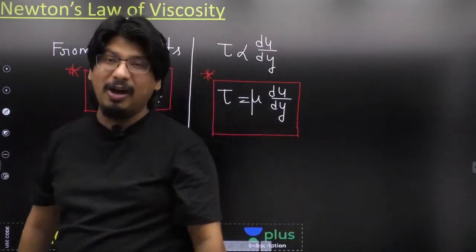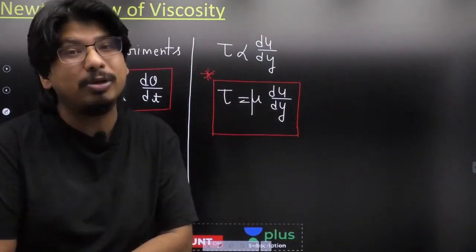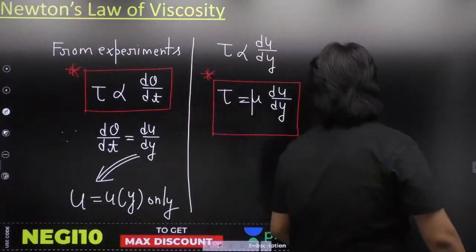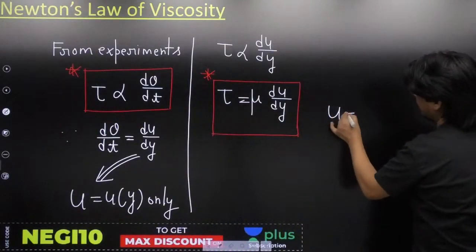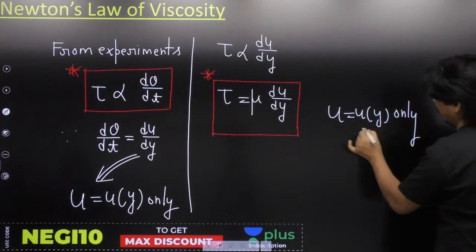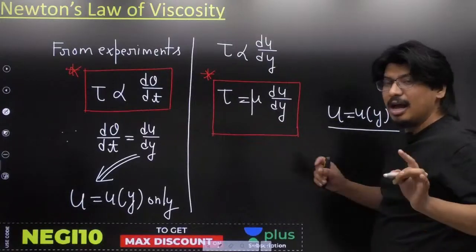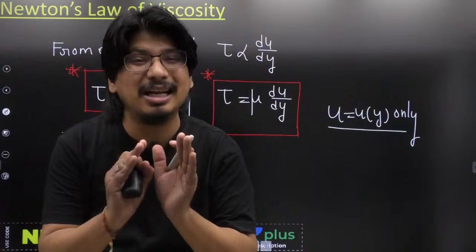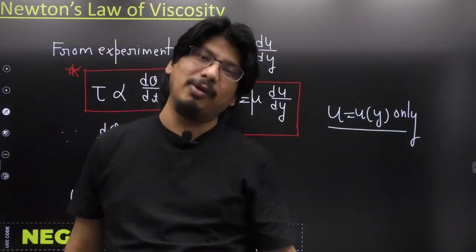So whenever you are writing Newton's law of viscosity, tau is equal to mu du by dy, there is this condition: u is depending on y only. It is not varying with any other direction. What is small u? Small u is the x direction component of the velocity.